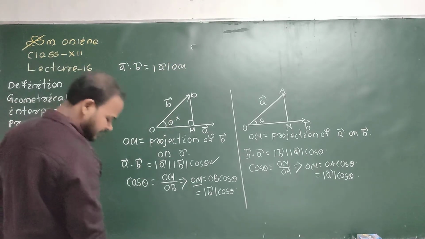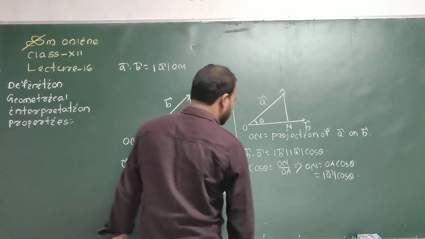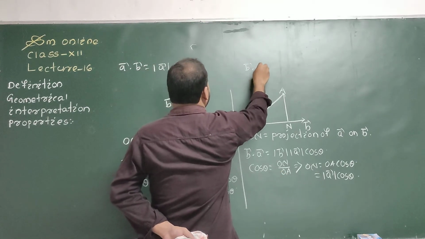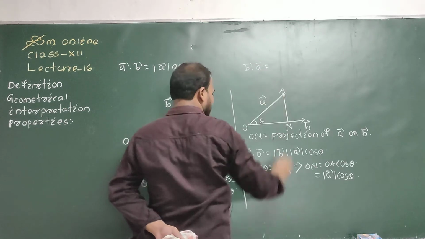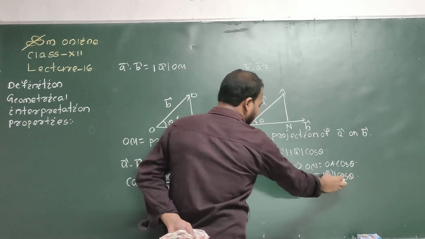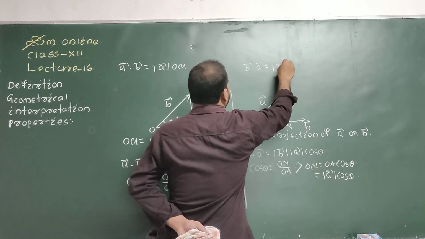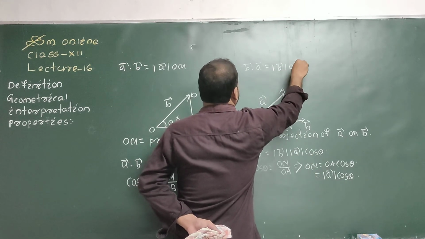In this case, vector B dot vector A is equal to the magnitude of B times magnitude of A cos theta, that is OM. So the magnitude of vector B into ON.